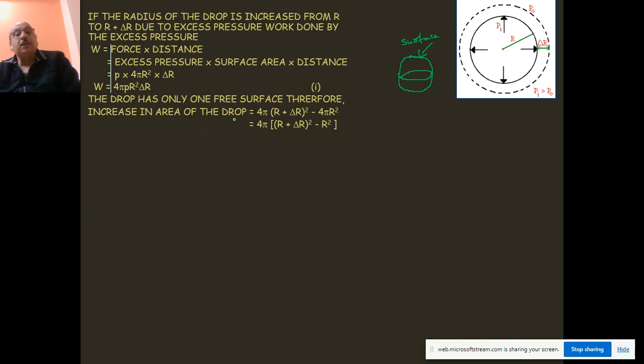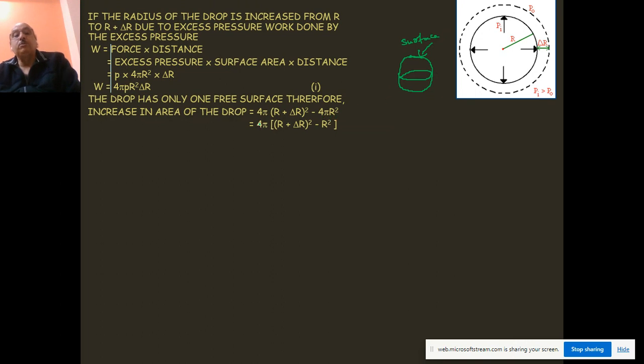The increase in area of the drop will be 4 pi (R plus delta R) square minus 4 pi R square, because the new surface area is 4 pi (R plus delta R) square and the initial area was 4 pi R square.